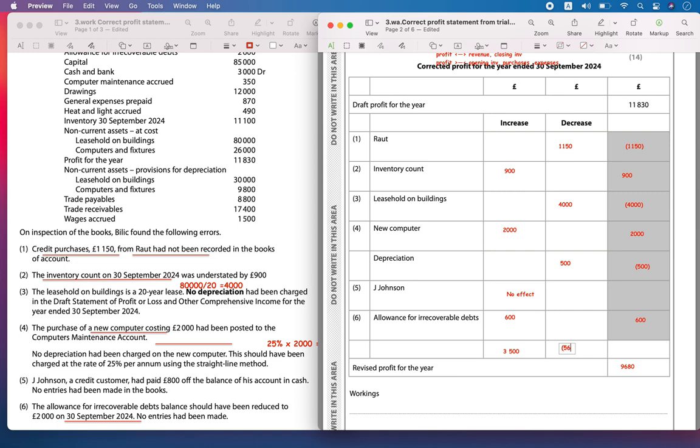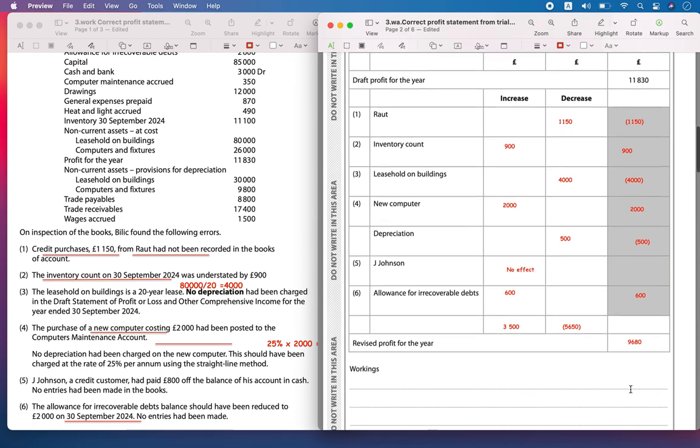Okay, so in the income statement you're going to add 11,830 plus 3,500 minus 5,600. That value is going to be 9,680. Okay.